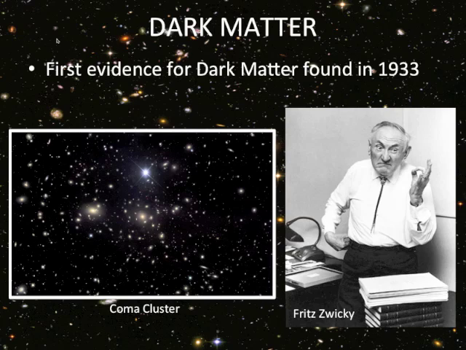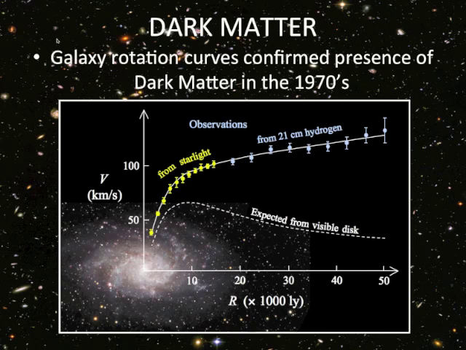When he did this experiment, he got a number that was 400 times larger than all the mass that he could account for by looking at the individual galaxies. So if you take the mass of all the galaxies in the cluster and sum that up, that is 400 times smaller than the mass that there really is there, and that you need to explain how fast these galaxies are moving, right?